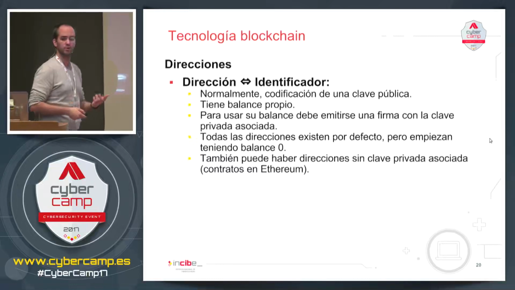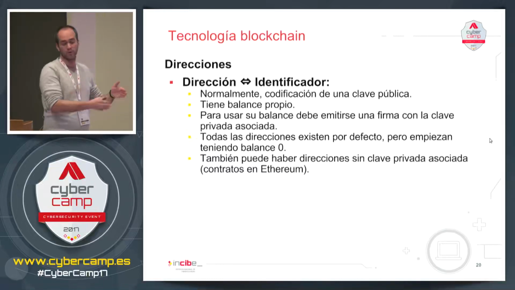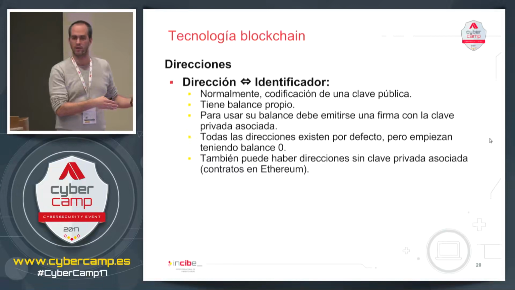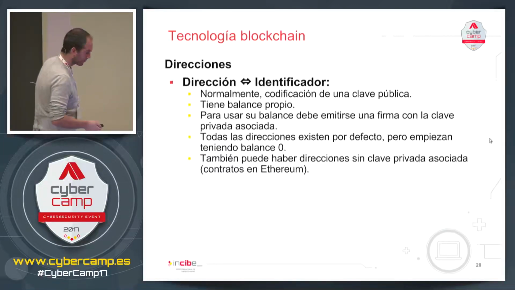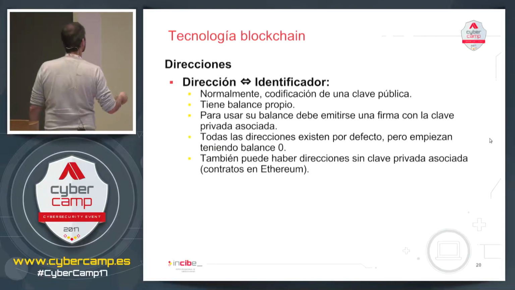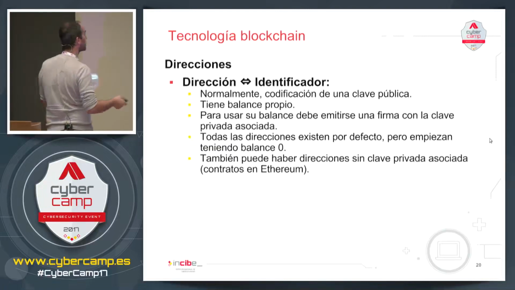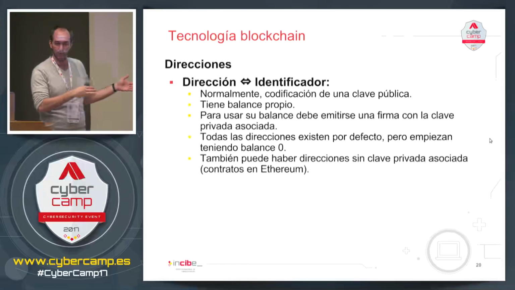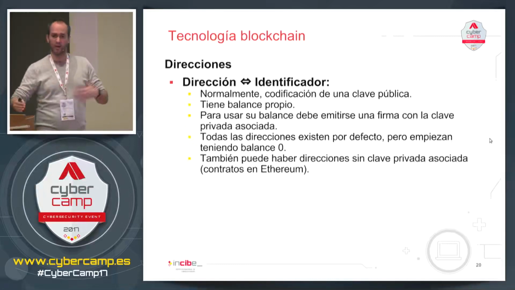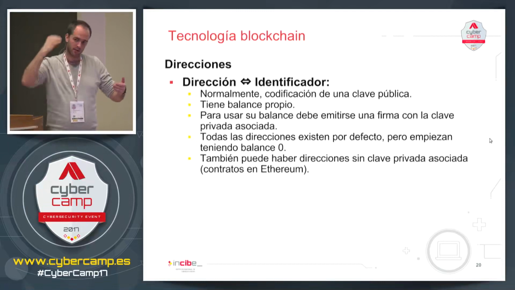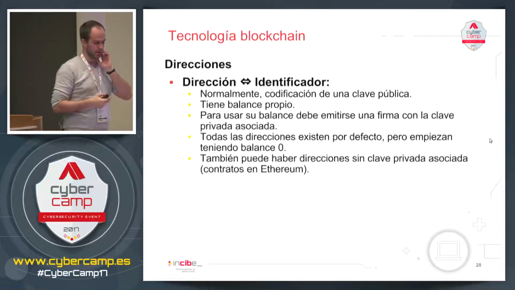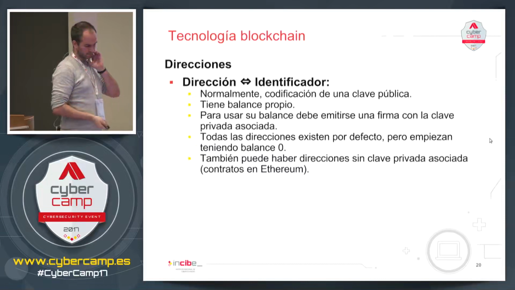Each address has its own balance associated, how many euros or how many bitcoins you have in this public key. To use your balance, you have to send a digital signature with a private key associated to the public key. This represents your address.